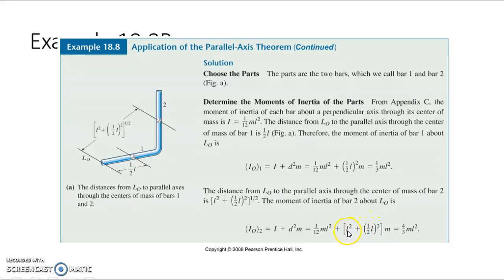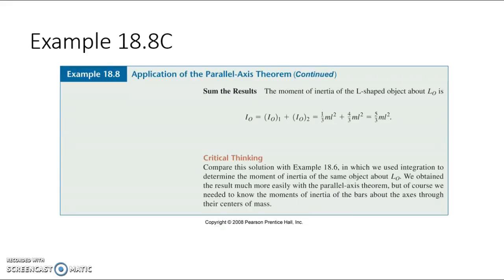And we figured out d squared using Pythagoras was L squared plus L over 2 all squared. So that's what we have here, and we get 4/3 m L squared. So my total moment of inertia is just given by the sum of those two.